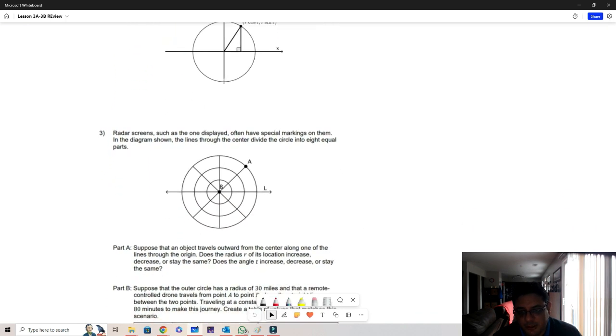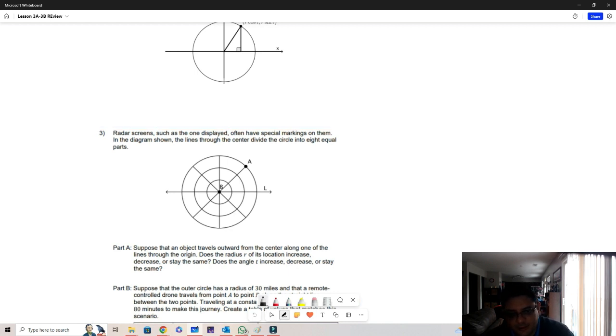So on a radar screen, such as the display, you have special markings on them. In this diagram, it shows that this line divides the circle into 8 equal parts. So if this divides into 8 equal parts, how much is each of these angle pieces, like this piece and this piece? That's easy to find out.